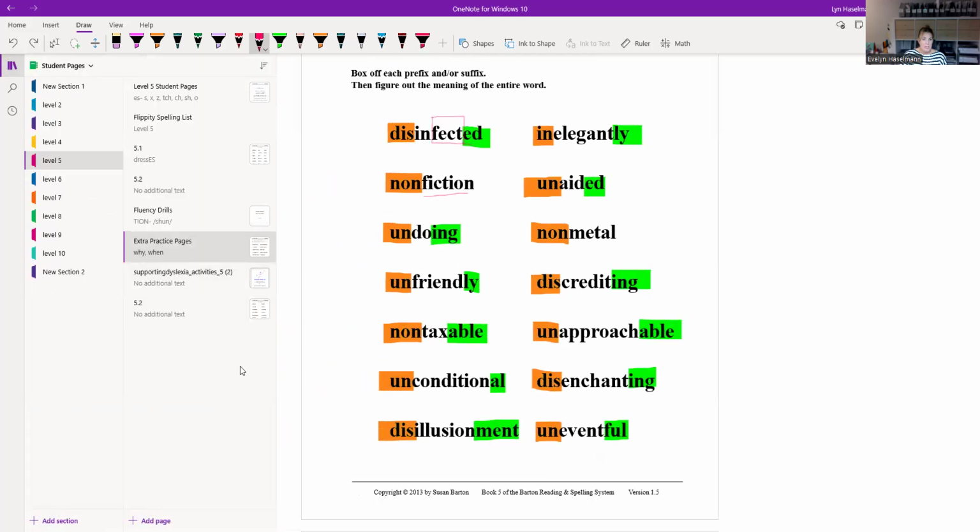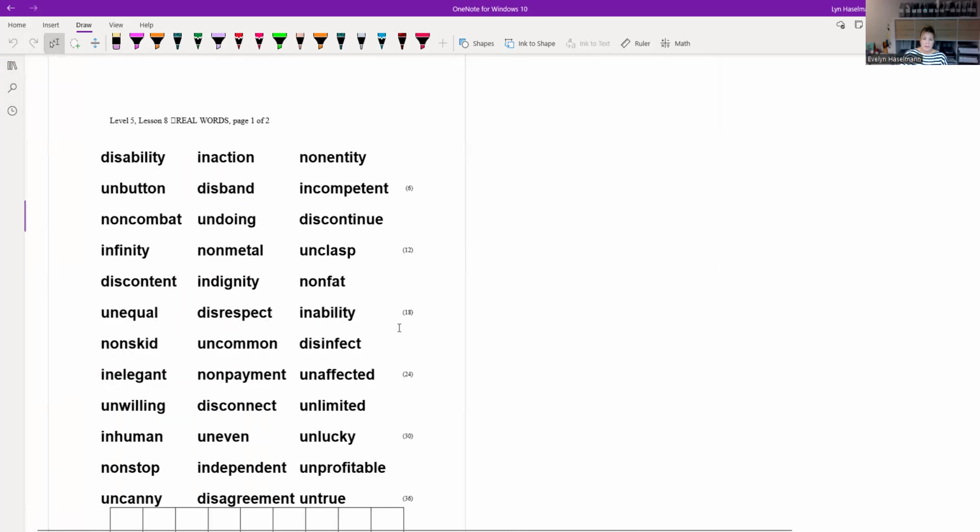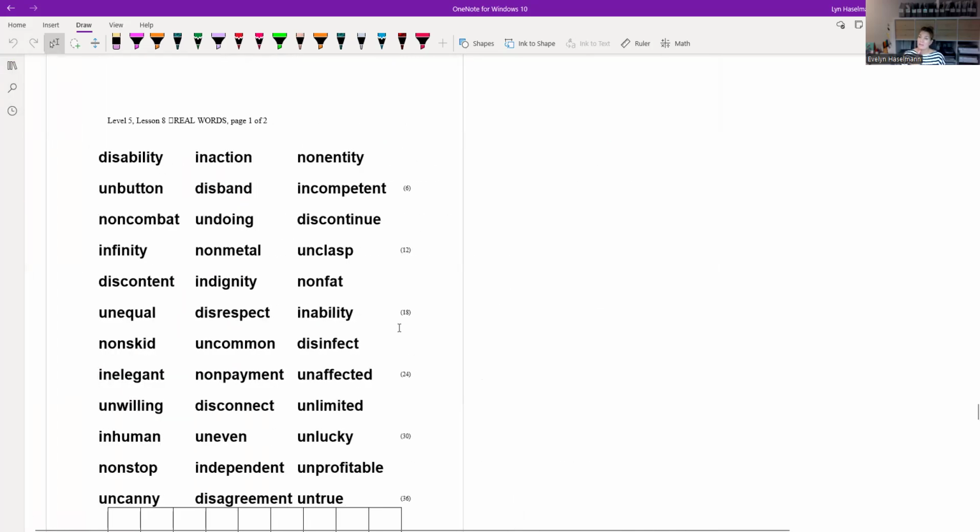The next one, fluency drills for 5.8. So, this is an important one because the words have suddenly gotten much longer. Not much more complicated, but much longer and much more interesting, to be very honest, too. So I really would like your student to be able to read these accurately.